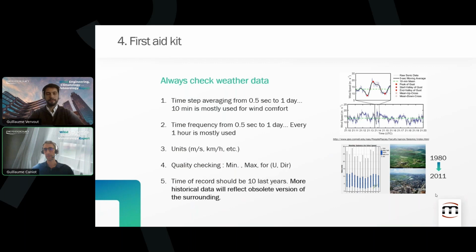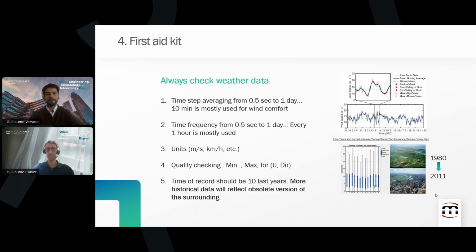This represents 10 minutes average, and this is the mostly used for wind comfort. Mostly used because I know for Netherlands, for example, they use 1 hour time average, but it very depends of the country rules.